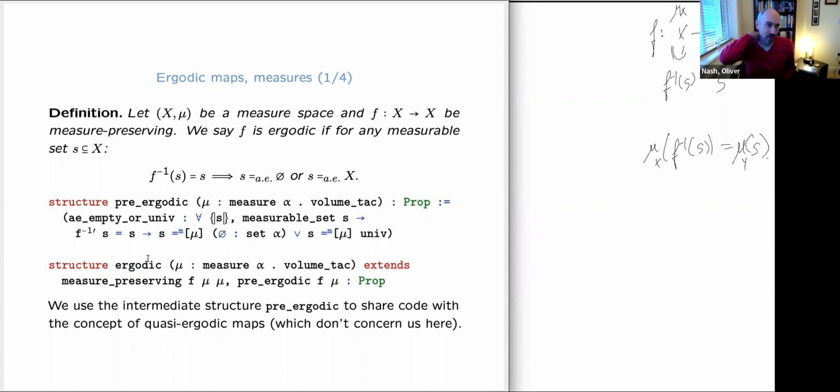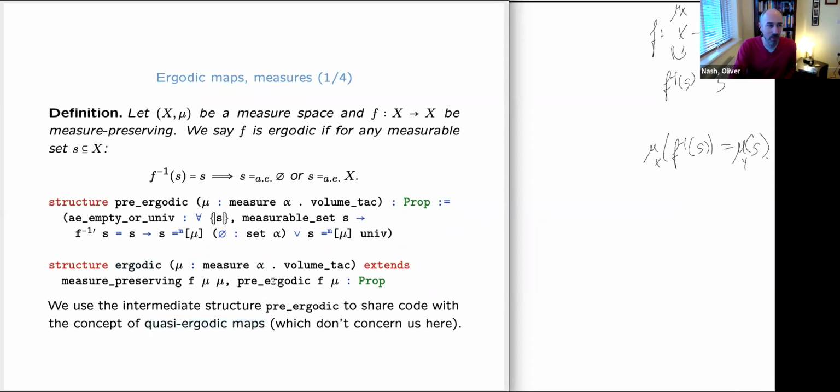Actually, I don't need this structure, because these are prop valued structures, so I could just always carry around these two hypotheses. But I pushed for it, and I think it's nicer to actually have the concept of ergodicness. And you might say, why did I split this out at all? Well, quasi-ergodic maps are a thing.